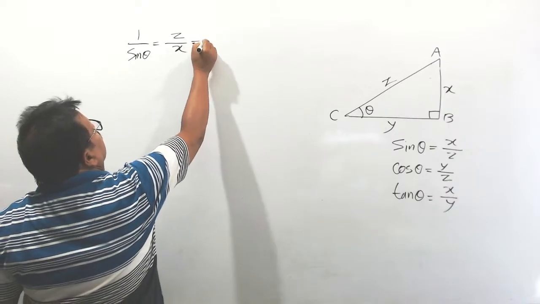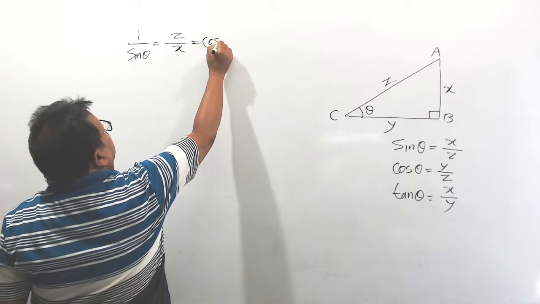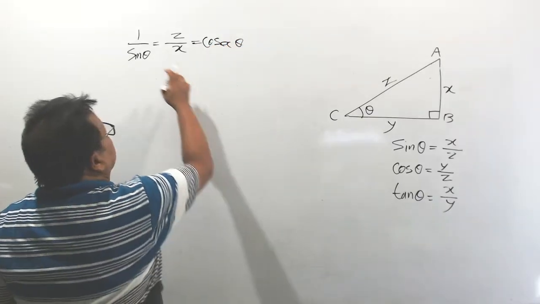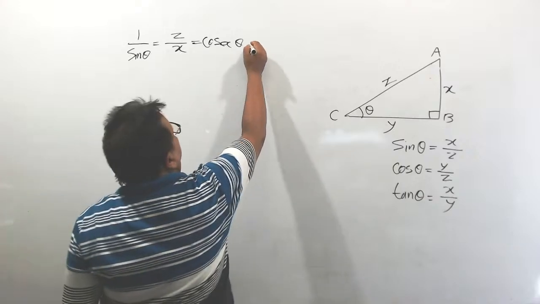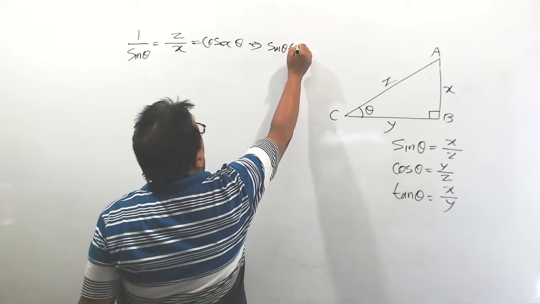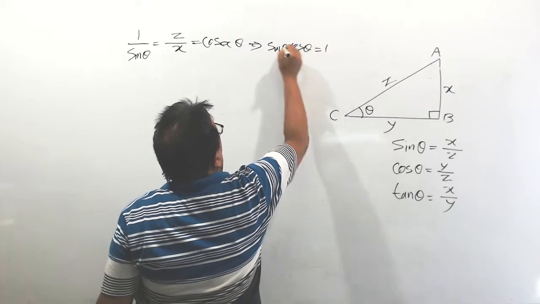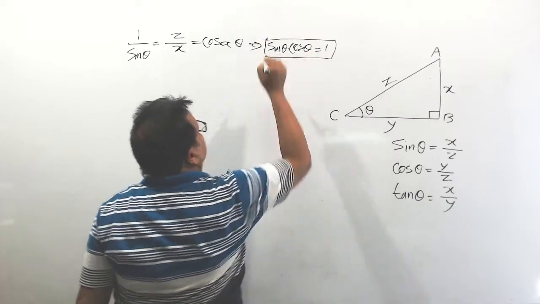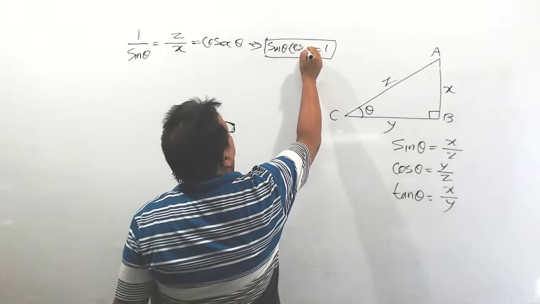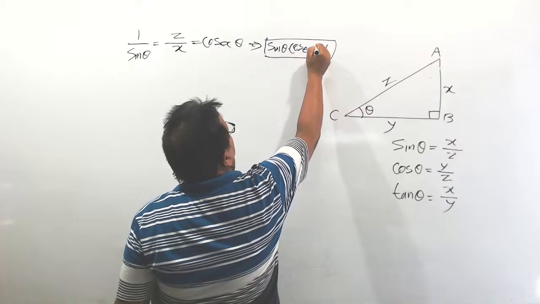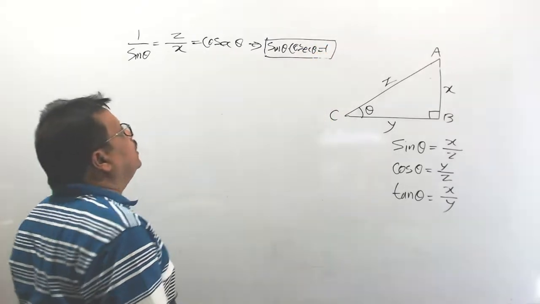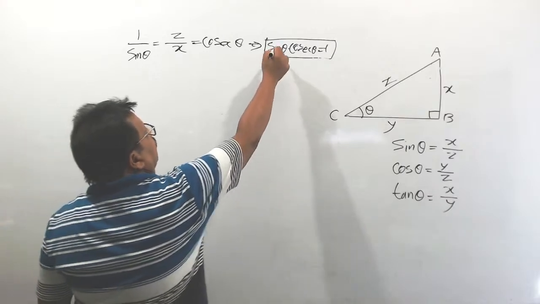This is equal to cosec theta. This implies sine theta into cosec theta equals 1. These all are formulas. Sine theta into cosec theta equals 1.